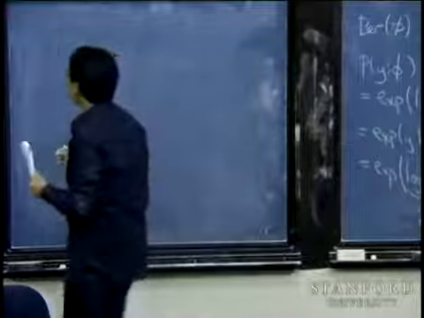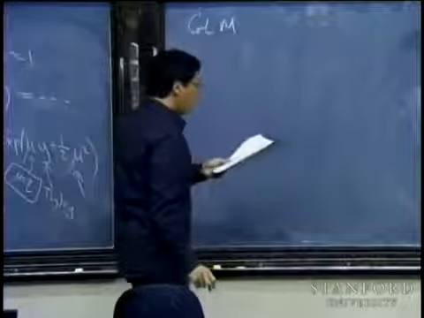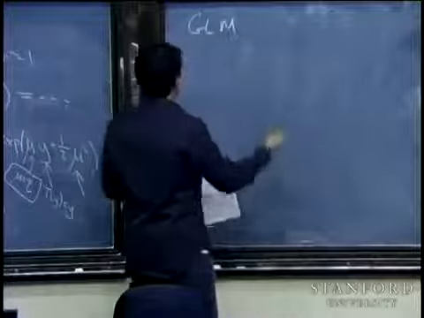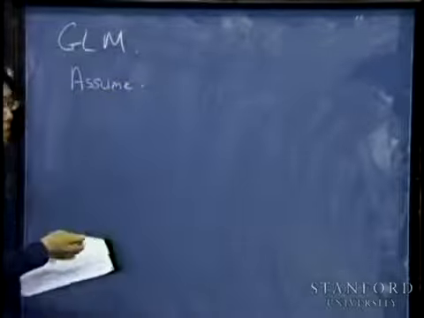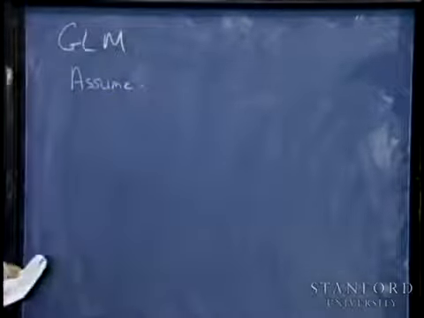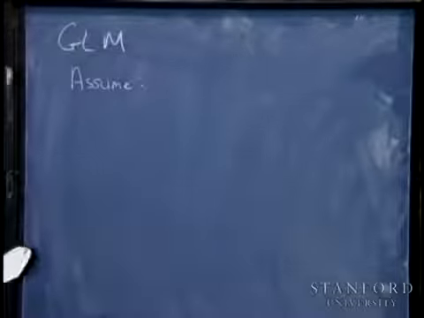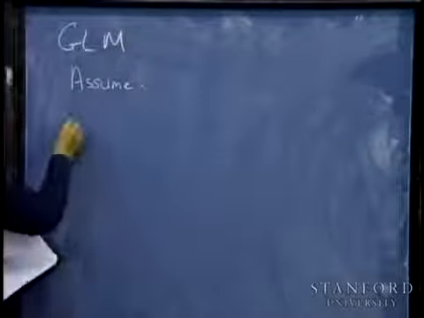Right. So generalized linear models are often abbreviated GLMs. And I'm going to write down the 3 assumptions. You can think of them as assumptions. You can think of them as design choices that will then allow me to sort of turn a crank and come up with a generalized linear model.